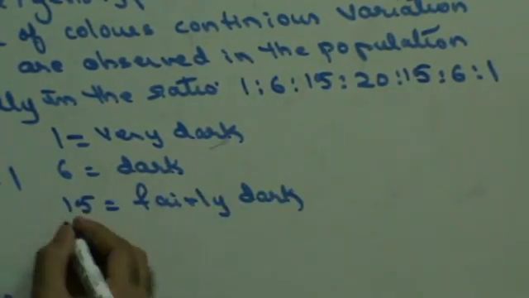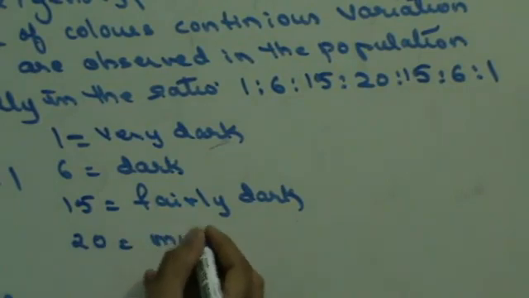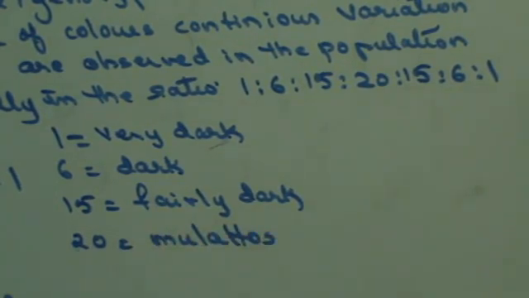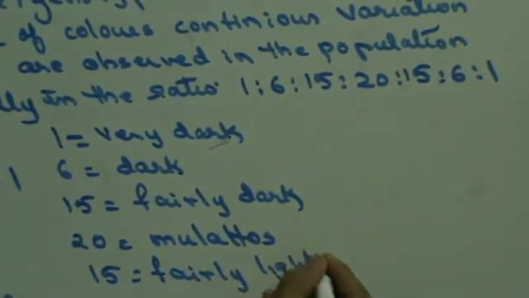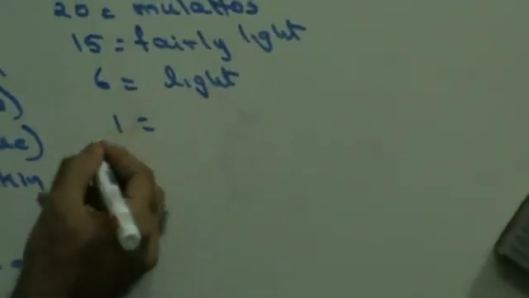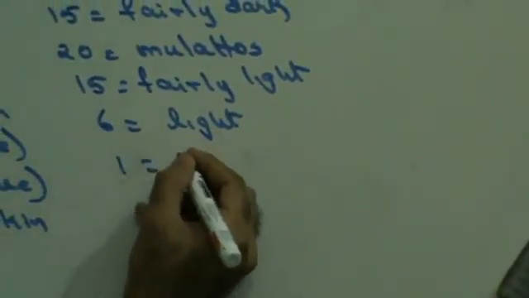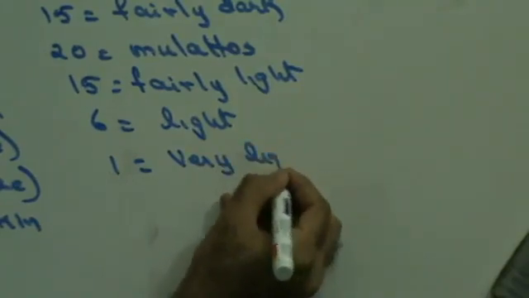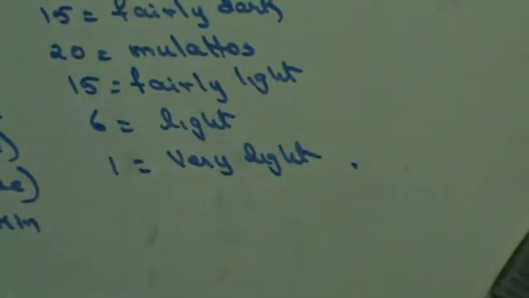Then you have 20, which is going to be mulattoes, intermediate between dark and fair. Then the next 15 is going to be fairly light. The next 6 is going to be light, and the last one is going to be very light. Those are the 7 different skin colors that could be produced.